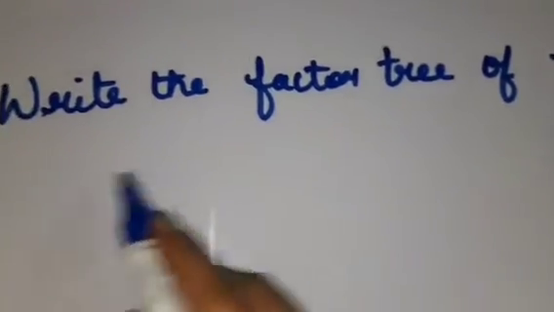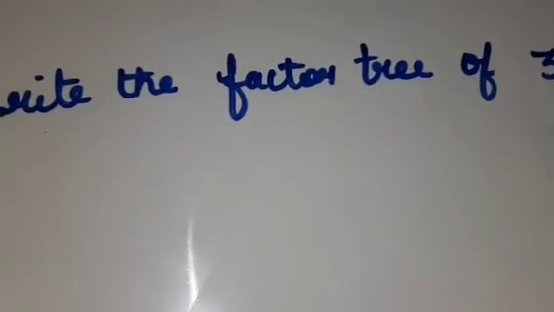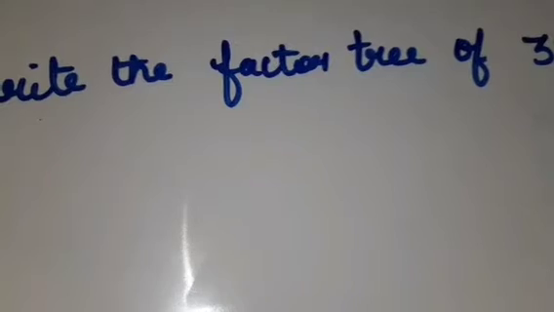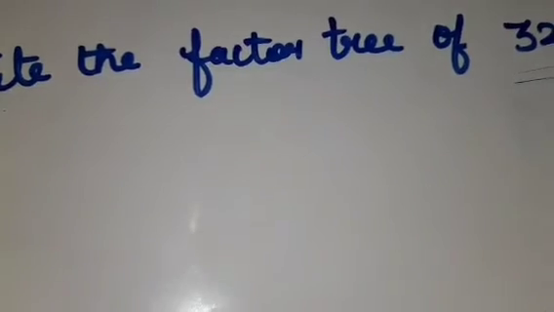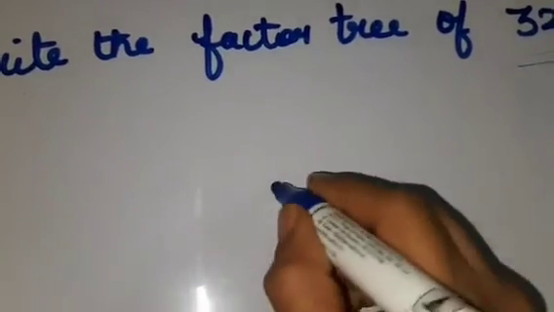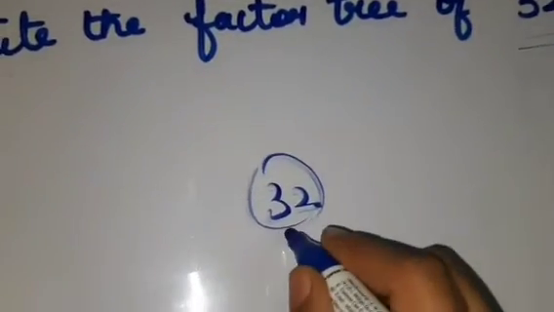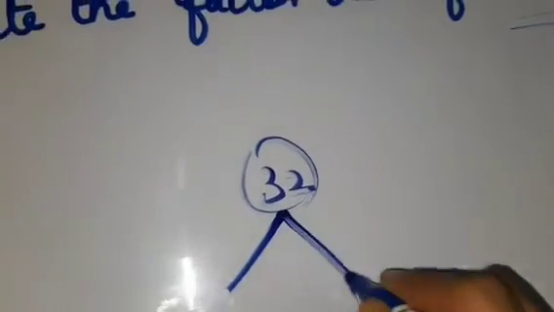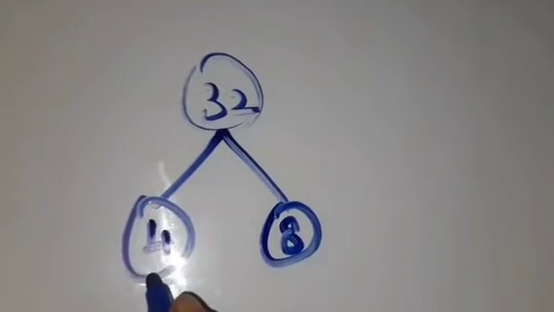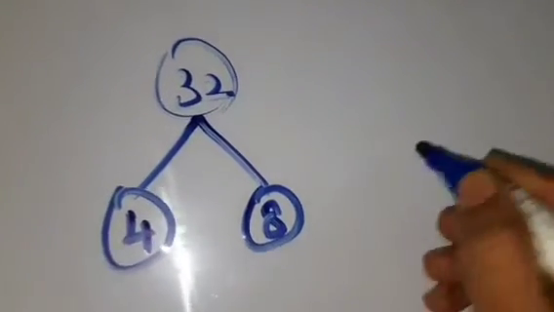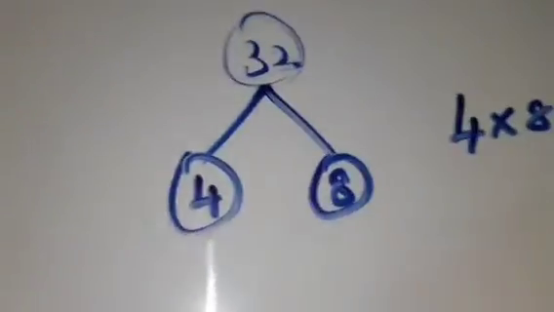Now let's solve a few examples based on the factor tree. The factor tree is nothing but the same method of finding the factors of the given number. So what we are going to do is represent that in a tree format. So 32. This 32 is the product of 4 and 8. So 4 multiplied with 8 will give you the product as 32. Okay.